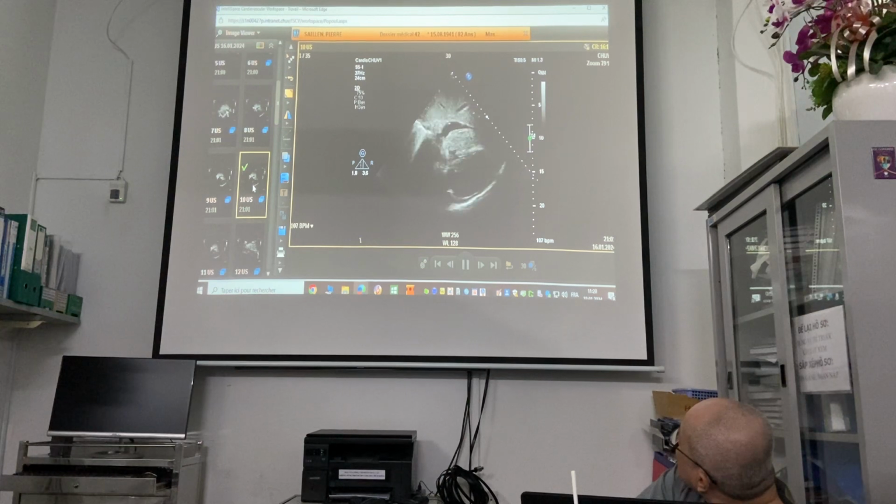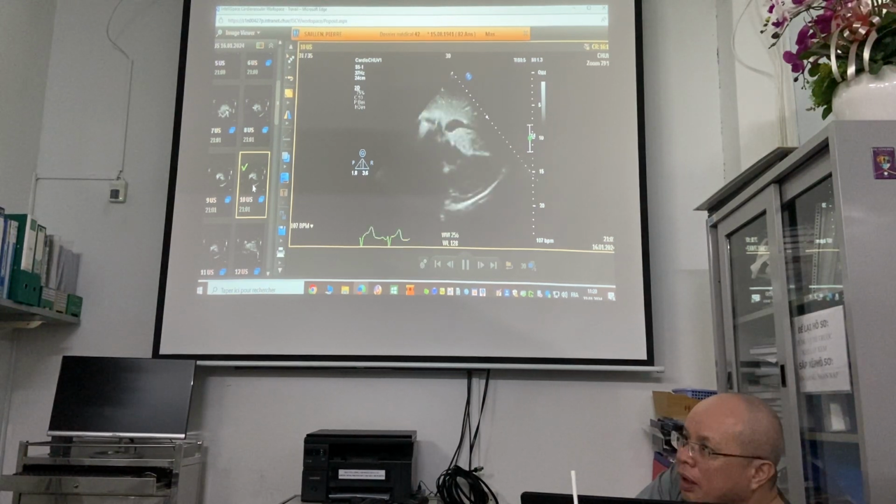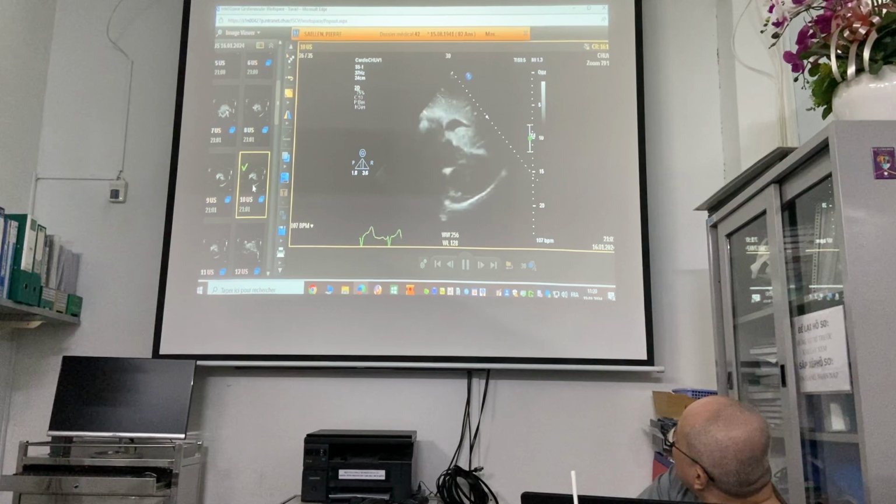What is this? It's very scary. It was in the night. The doctor called me last week when he saw this. We're going to go from liver to right ventricle into septum.